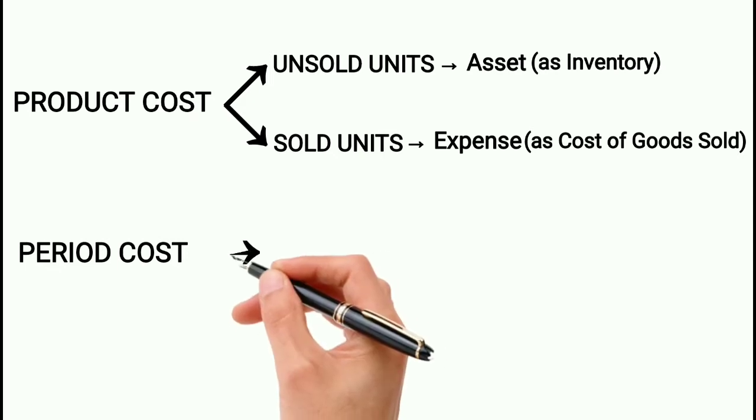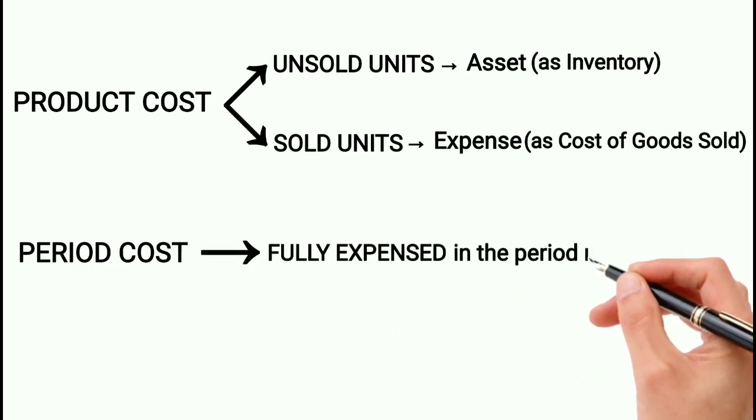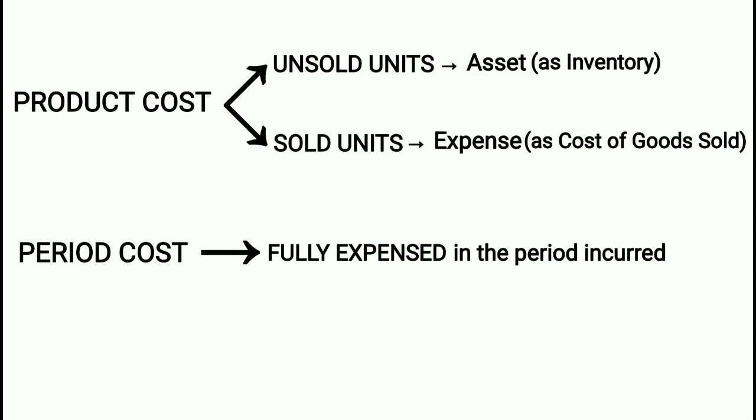Because this period cost is fully expensed in the period incurred regardless of sales. Period cost is a cost that is expensed as incurred. Tinatawag sila na period cost because ine-expense sila in the period kung kailan sila nangyari.